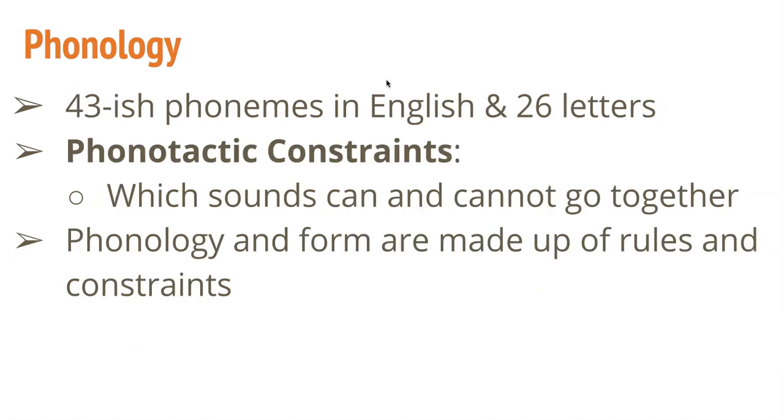There are 43-ish phonemes in English, depending on your dialect. You could have one more, one less, but around 43. And what's hard, right, is we've only got 26 letters. So the letter A can say A, it can make the sound as in can, and lots of variations of that, really.